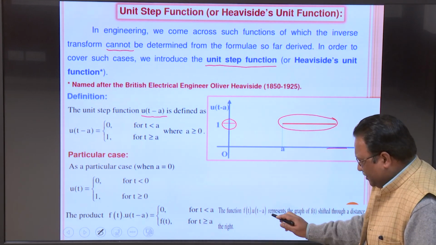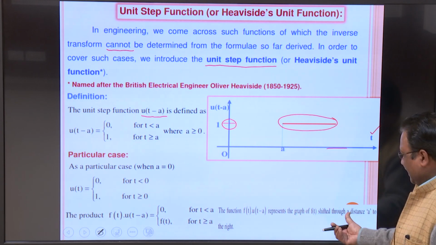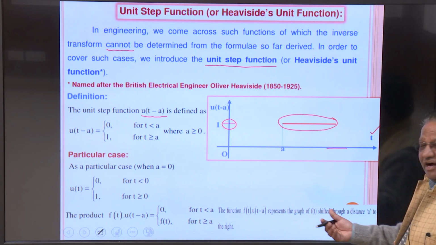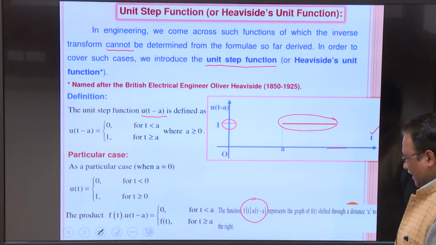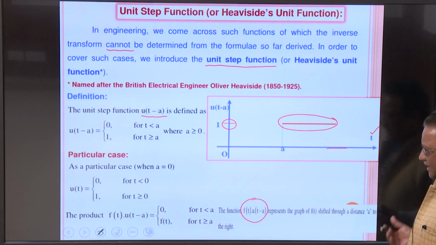This means that this function represents the graph of f(t) shifted through a distance a to the right.